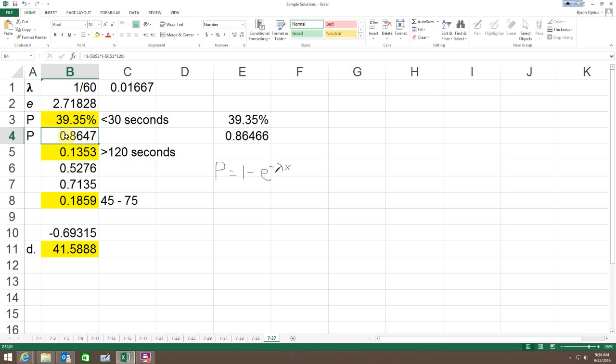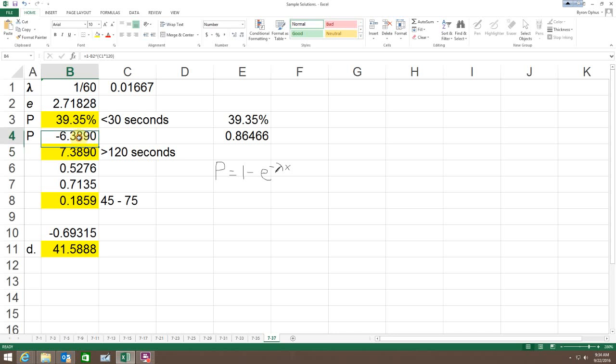And so when I'm going to do over 120 seconds, I do the math the same way. It's equal to 1 minus my E, and to the, times, in this case 120, and hopefully I got everything right.